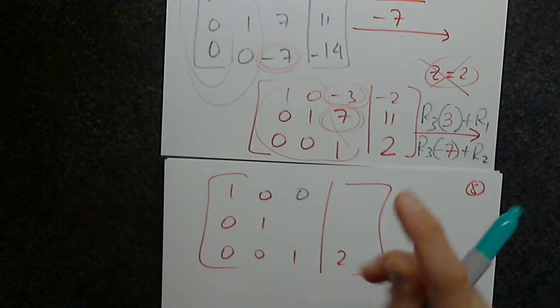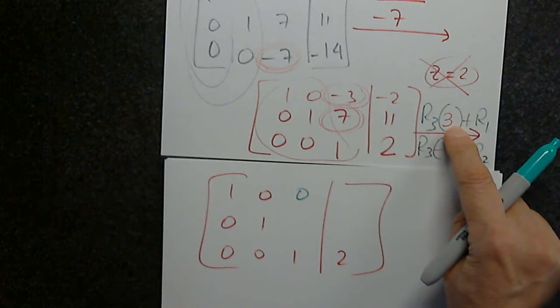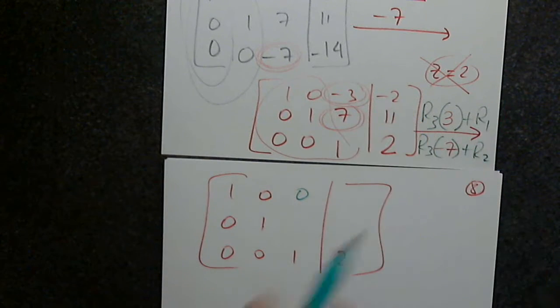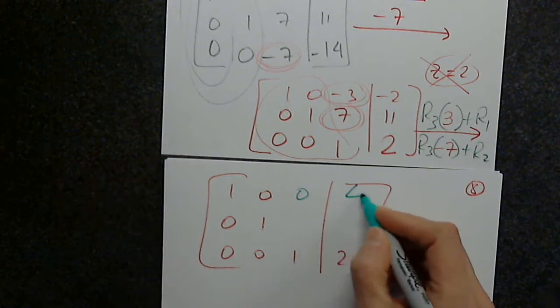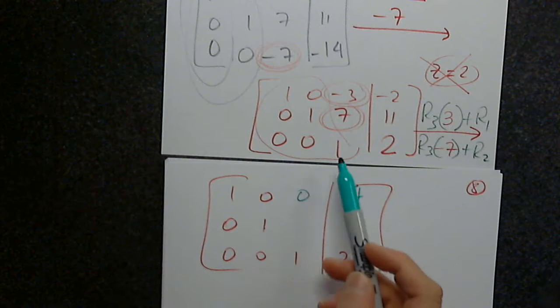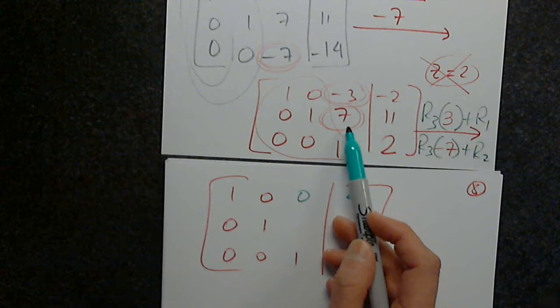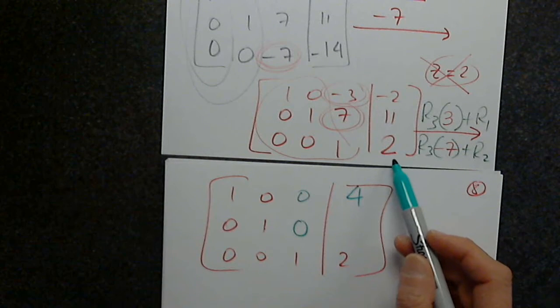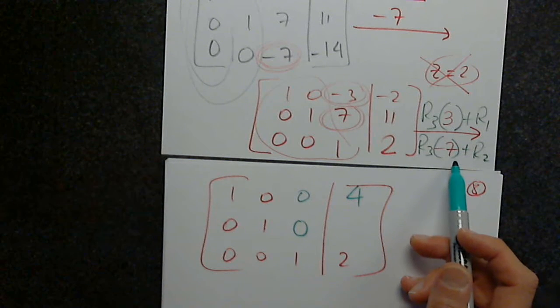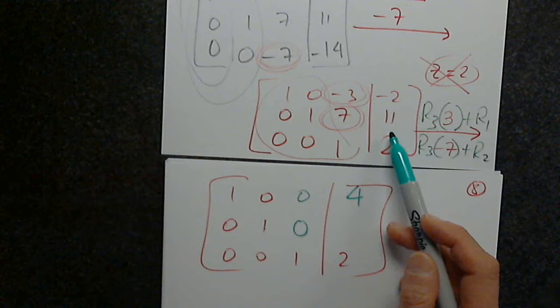Excellent. 2 times 3 minus 2. Excellent. 1 times negative 7 plus 7. 2 times negative 7 plus 11.